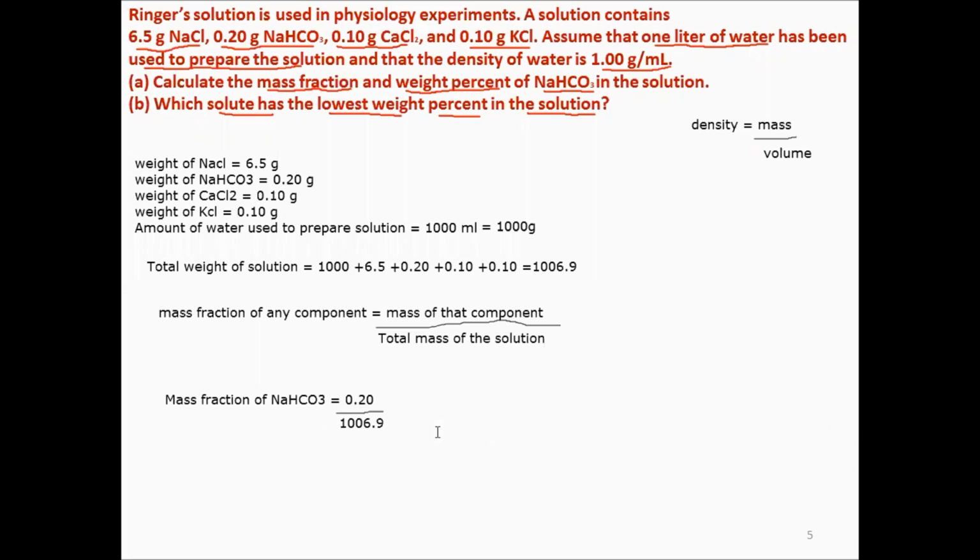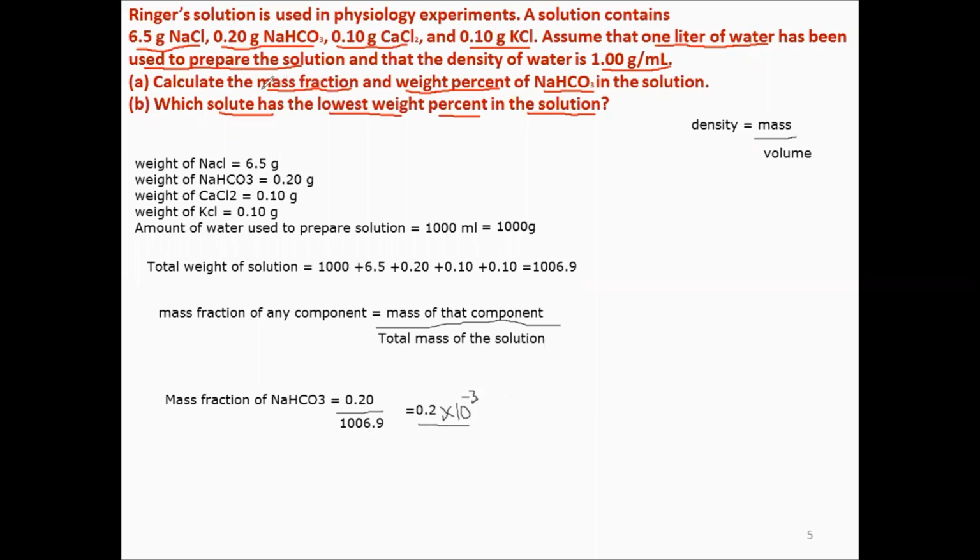If you solve it, assuming it to be 1000, it comes out to be approximately 0.2 divided by 1000, which is 0.2 multiplied by 10 raised to the power minus 3. So this is the mass fraction of sodium bicarbonate.